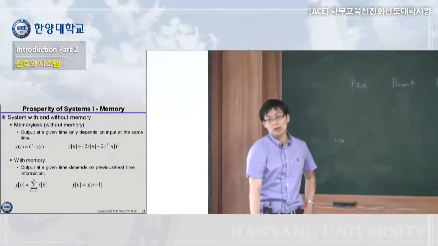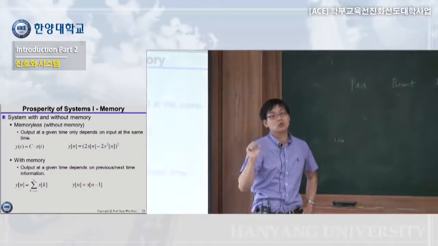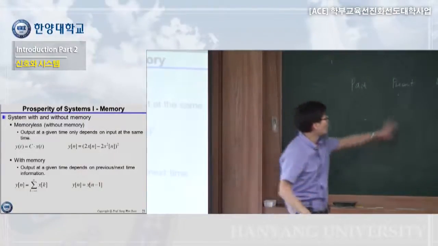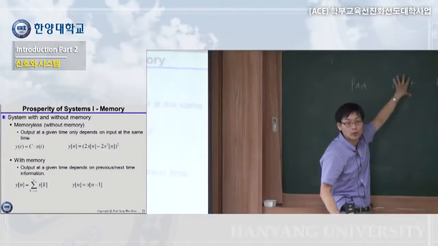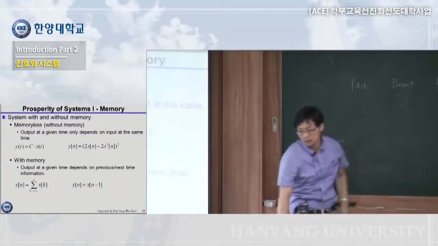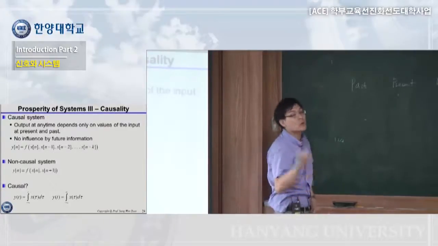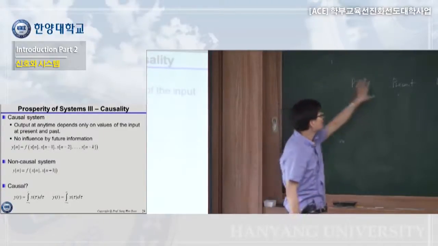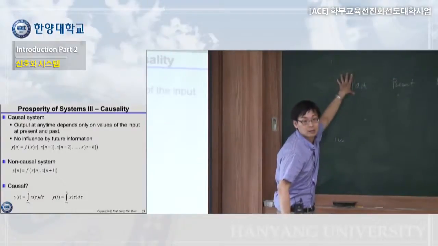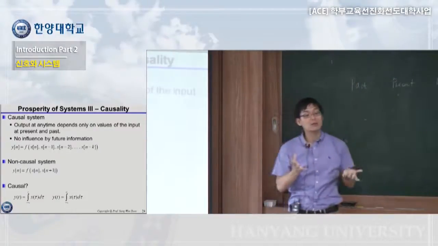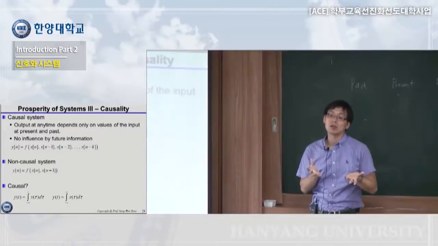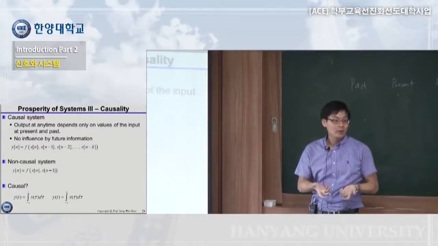In the case of memoryless, we only depend on the present. In the case of causality, we depend on the present and the past. So you can think that, okay, if a system is memoryless, that is automatically causal.